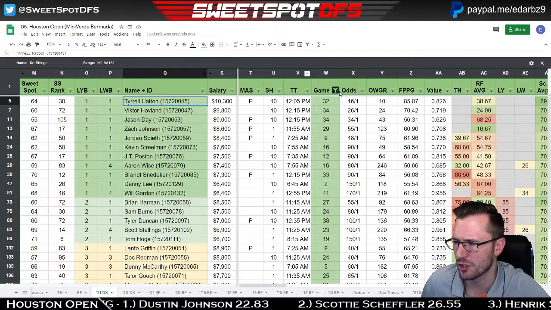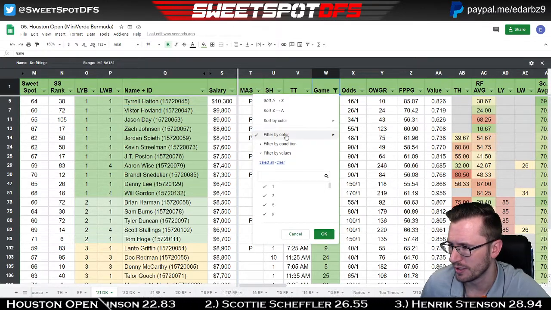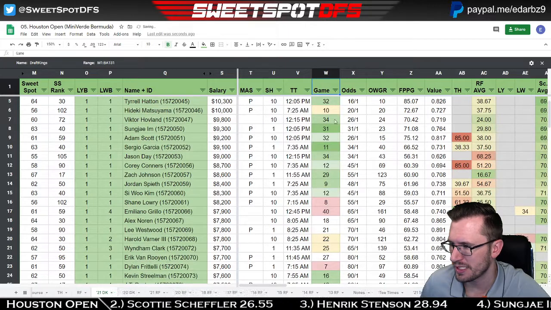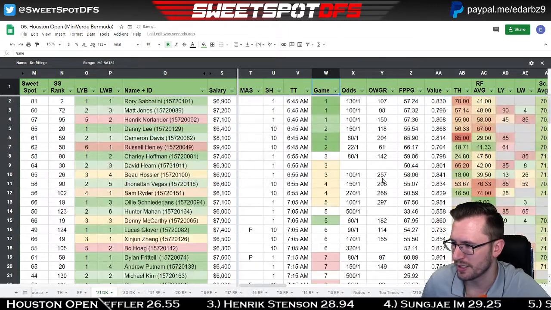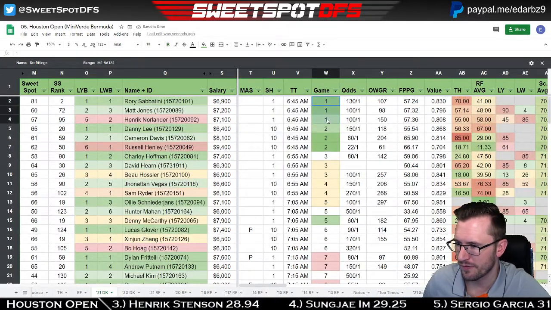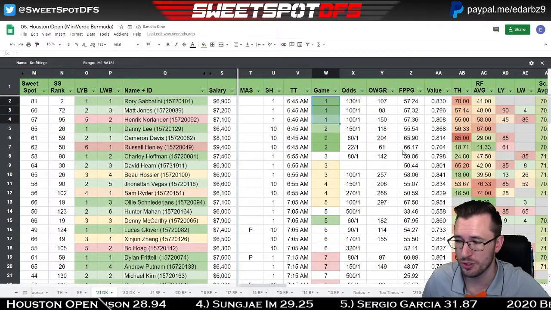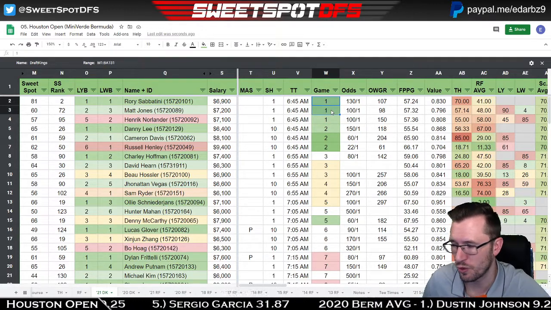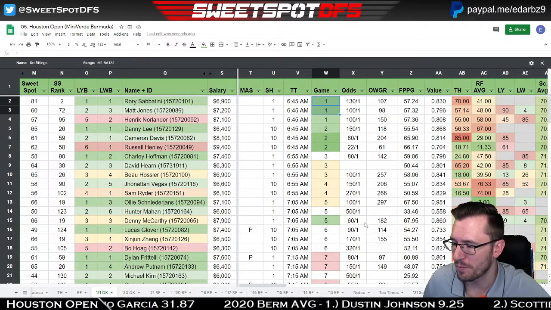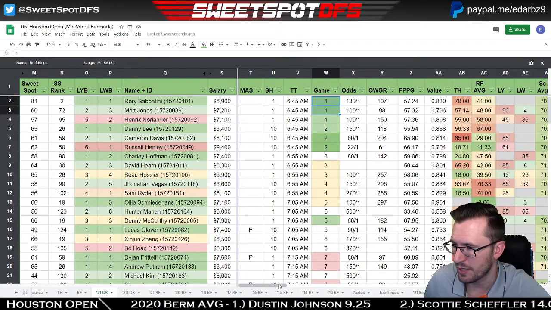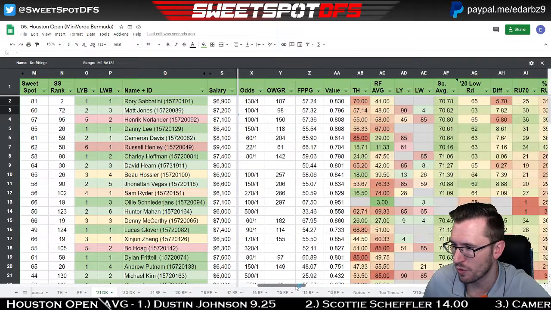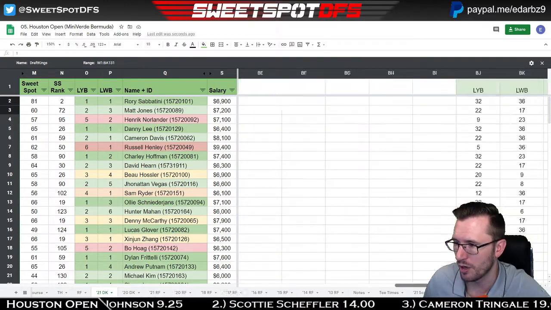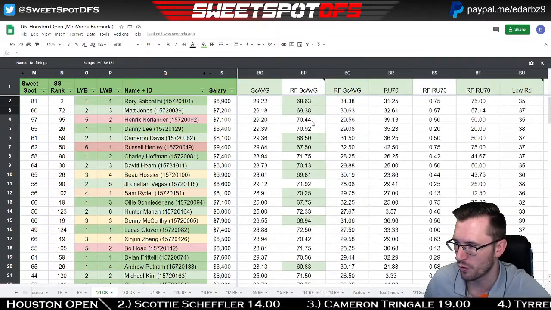Here, let me just show you what that looks like on the screen. So basically, if we were to sort by this, we can see the very first group: Sabatini, Jones, and Norlander. Rory Sabatini and Matt Jones are both a darker green than Henrik Norlander because Henrik Norlander is not below field average for recent scoring average.